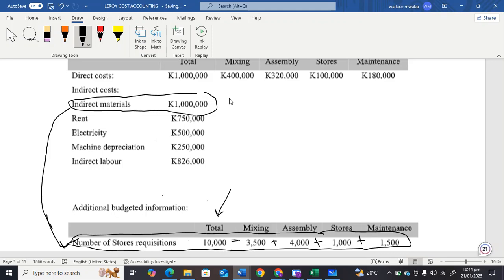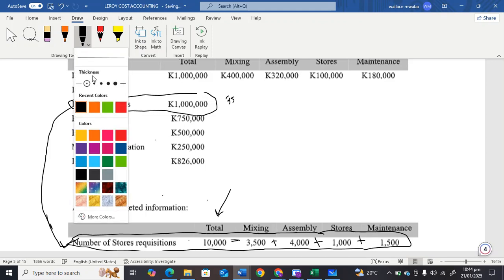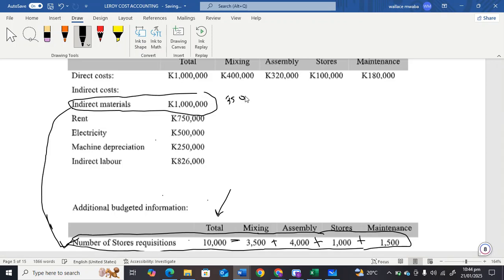So you say 3,500 over 10,000 multiplied by 1 million.